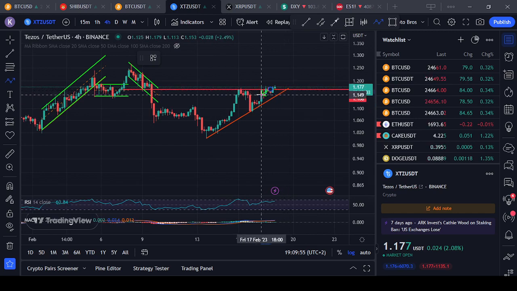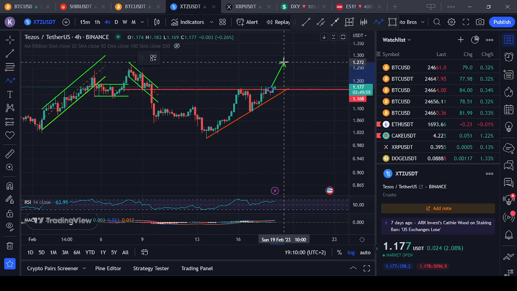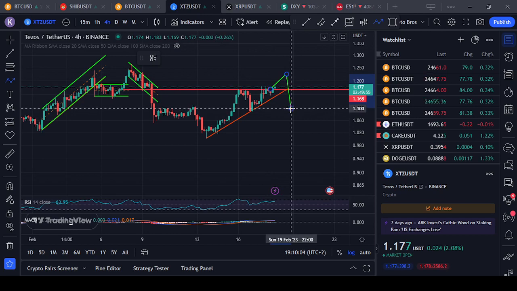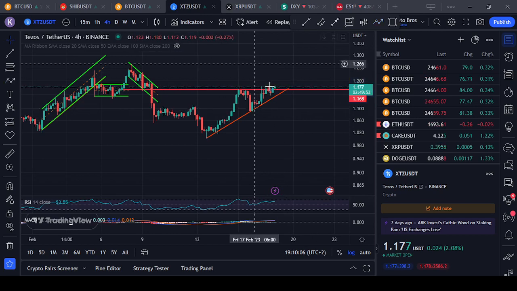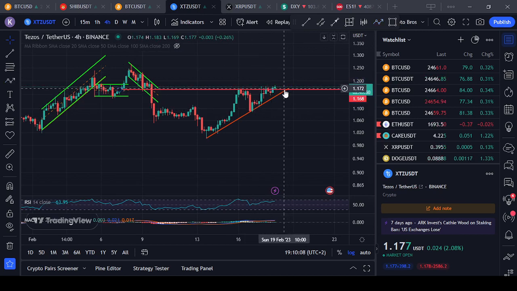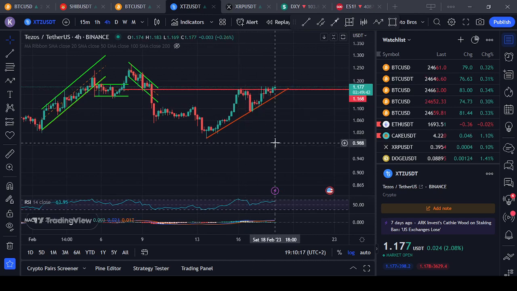So at the end of this area, we either need a break to the upside or a break to the downside. It could break before, of course, but this would be the last decisive time frame where this price should take a move.